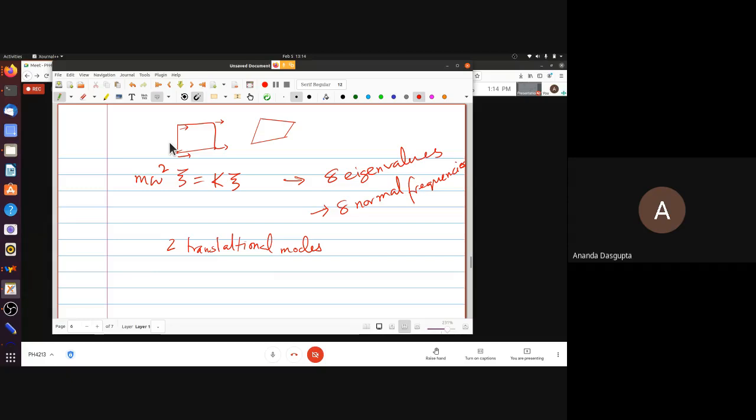The entire molecule translates, and that of course is a possible motion, and that kind of motion will have no restoring force whatsoever, right? Because the molecule as a whole has shifted, there is no distortion in the molecule, no restoring force, which would mean that this would have absolutely no tendency to come back, zero frequency.